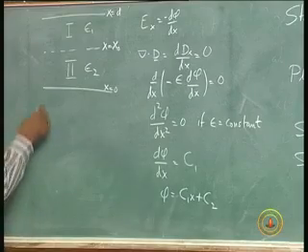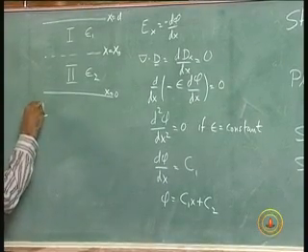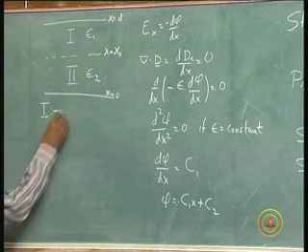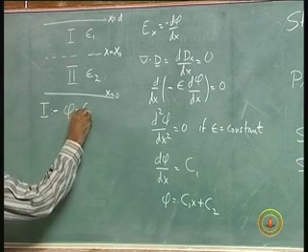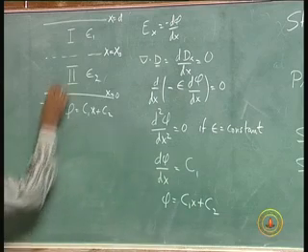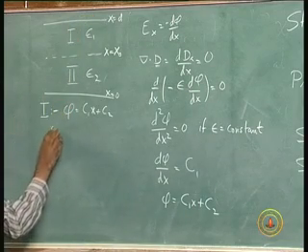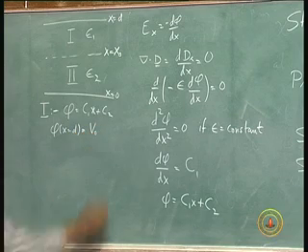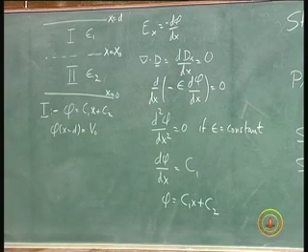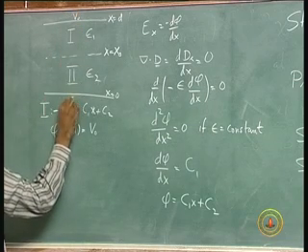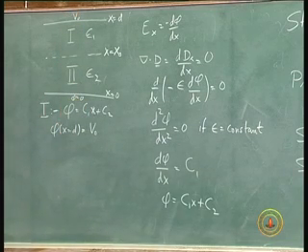So, now let us apply this to region 1. In region 1, phi is equal to C1x plus C2, but I do know that phi at the top, phi of x equals d, is equal to V naught. That is part of the problem specification. It is V naught here and it is phi equals 0 at the bottom.